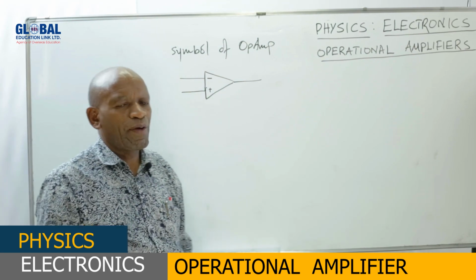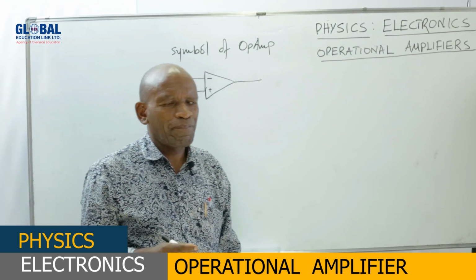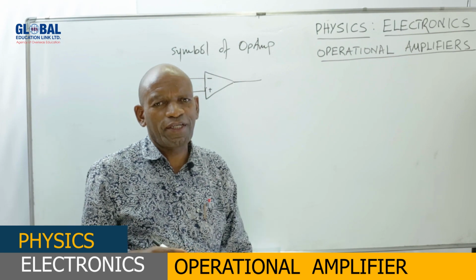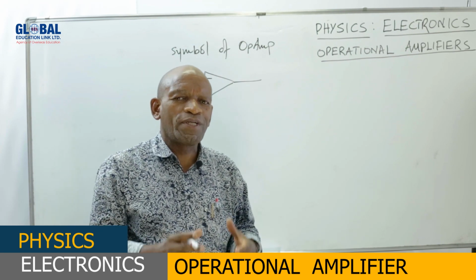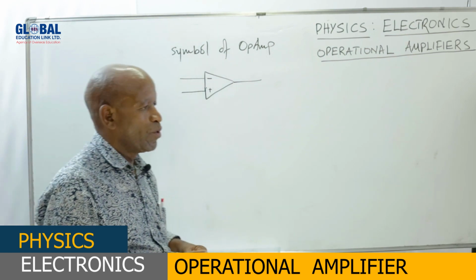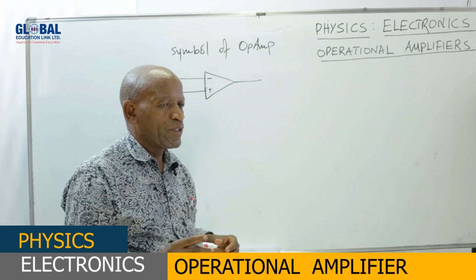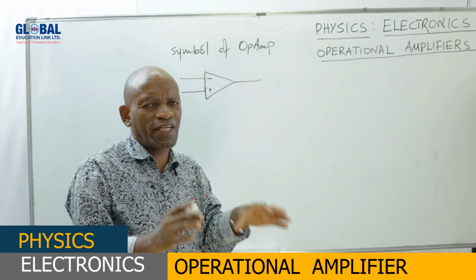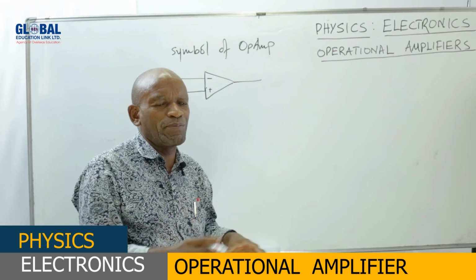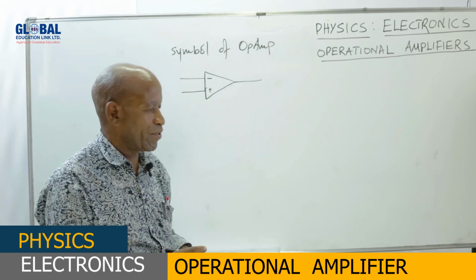Let us go and look at a practical operational amplifier. A practical operational amplifier is actually a simple integrated circuit chip with 8 pins, which can be connected to the circuitry the way it is designed for it to operate.